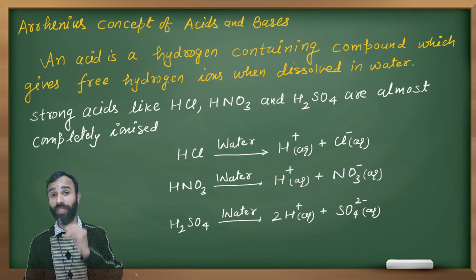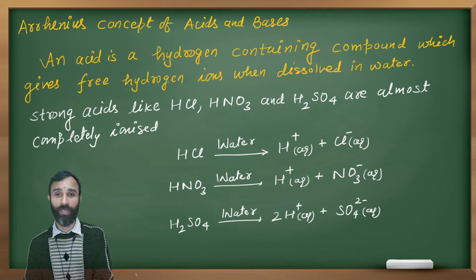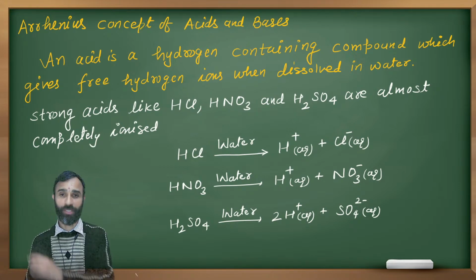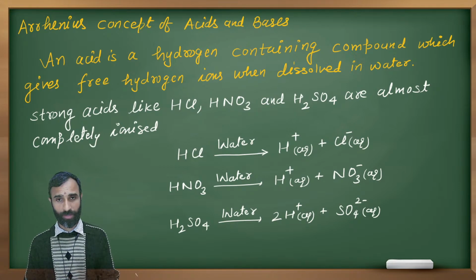When we dissolve the substance in water, if it gives free H plus ions from the substance, that is called an acid according to Arrhenius. For example, HCl. HCl will give H plus and Cl negative ion in solutions.